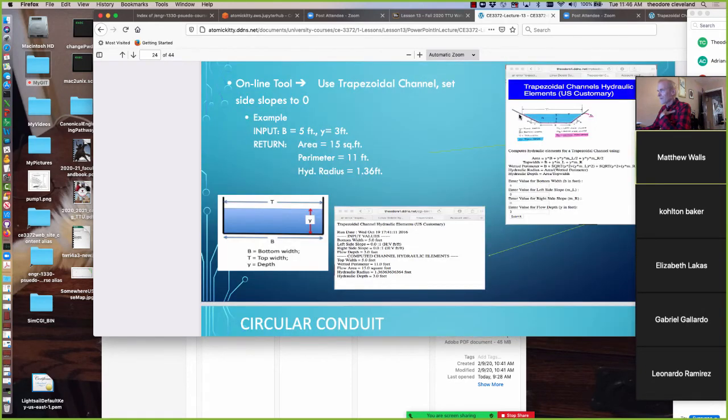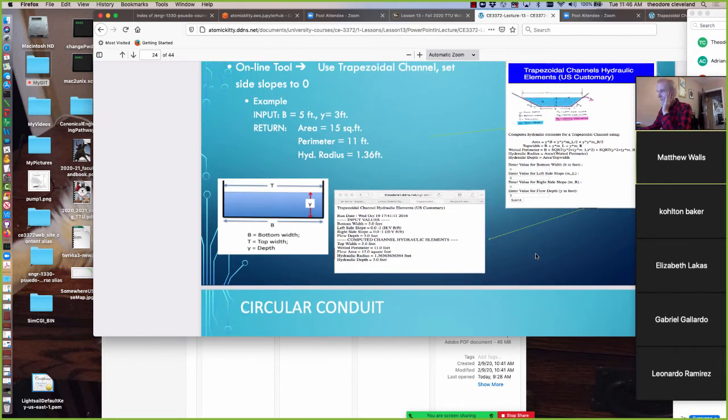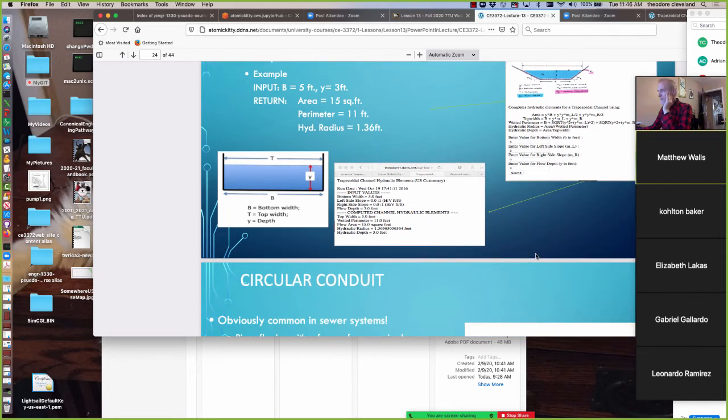To do a triangular conduit, we set the value of b to 0, and then you have a triangle based on the side slope. So it has the functionality to handle three of the main geometries.